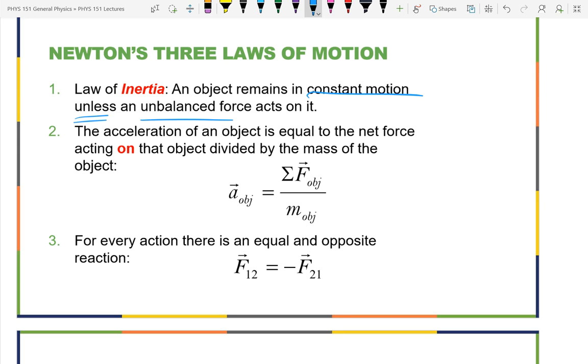The reason it makes the first law superfluous is if the net force is zero, that's the condition of the first law. But if the net force is zero, what's the acceleration? Zero, which means it's going to have constant motion. So the second law actually includes the whole first law, but it has an equation.